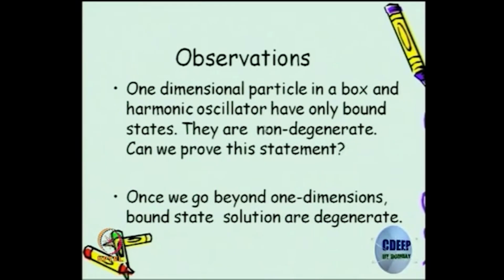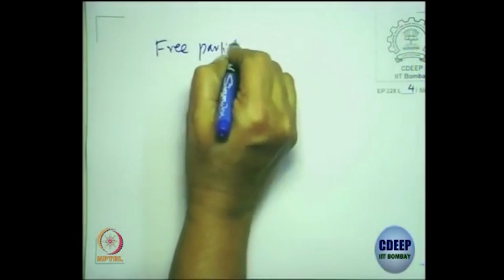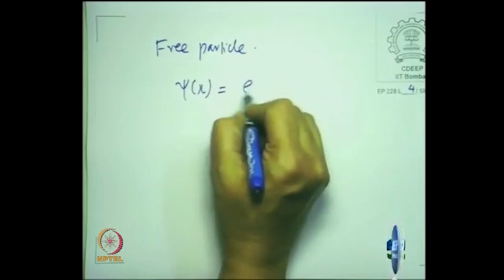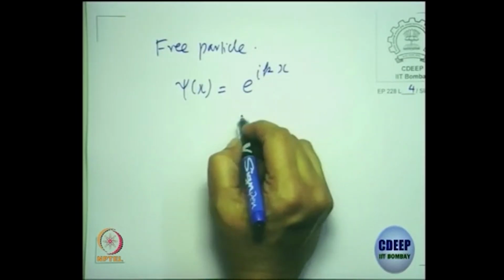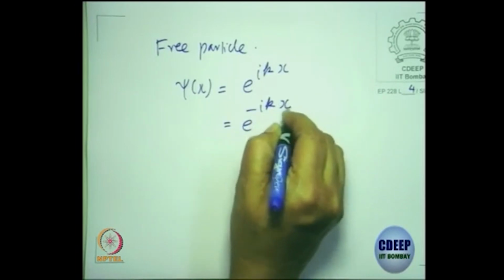What about a free particle in 1 dimension? Is it degenerate or non-degenerate? Someone? Yes, free particle. The solution psi of x could be e to the ikx, can also be e to the minus ikx.